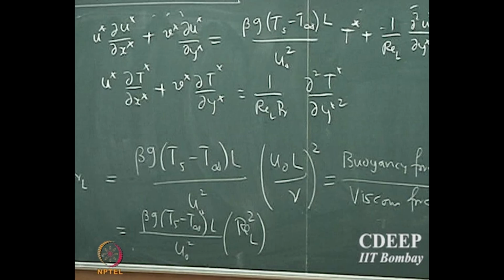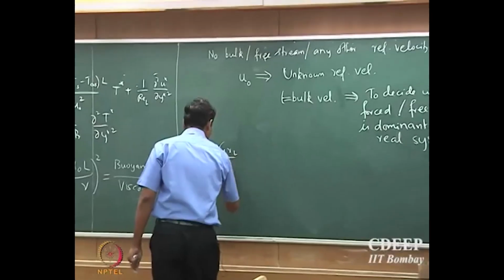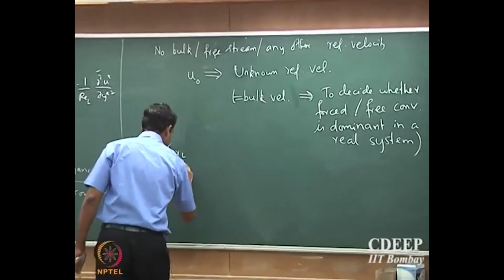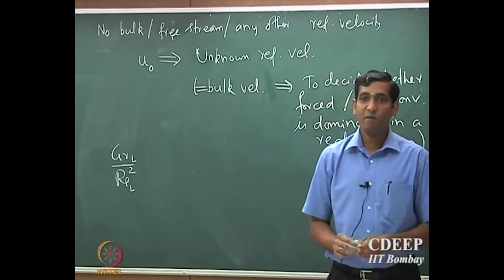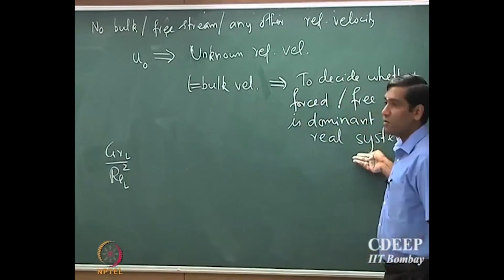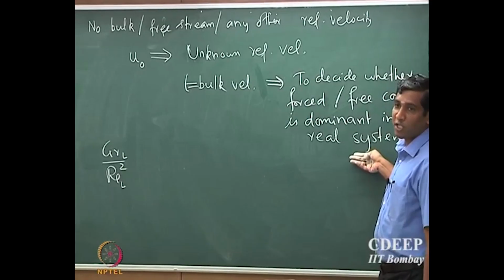So that gives us an interesting framework to answer the question that we posed a short while ago: how do we decide whether free convection or forced convection is the dominating mode of heat transport? Grashof number by Re_L square provides that framework.